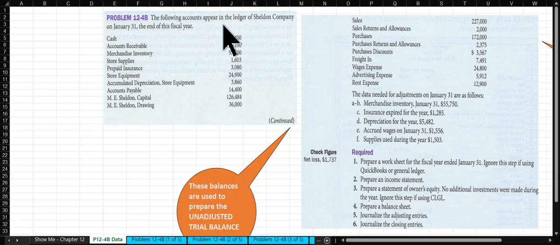So at the end of the fiscal year, these are the assets, and we know assets have debit balances. These, of course, are contra assets, such as the accumulated depreciation, which will have a credit balance because contra means to subtract. So the contra asset accumulated depreciation is subtracted from the related asset, which is in this case store equipment.